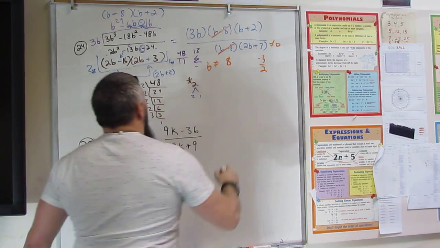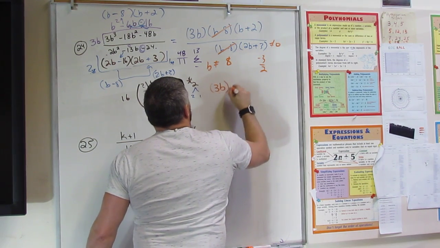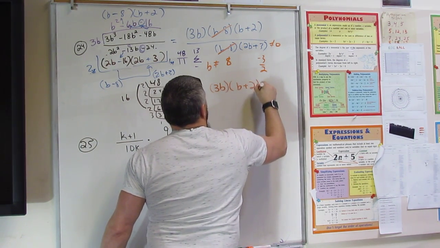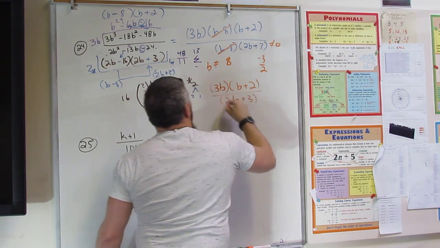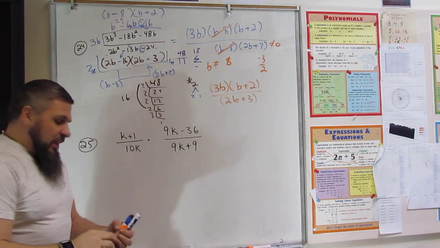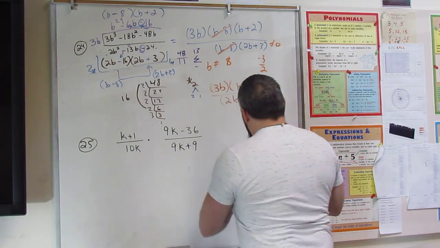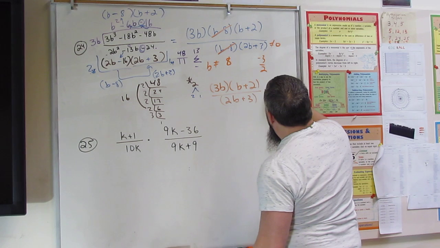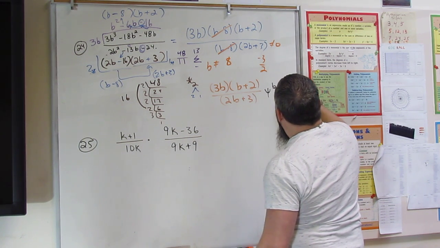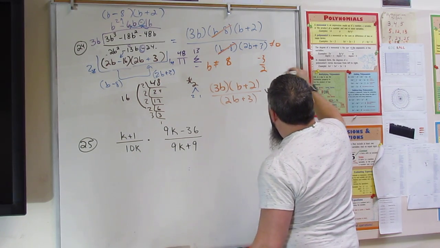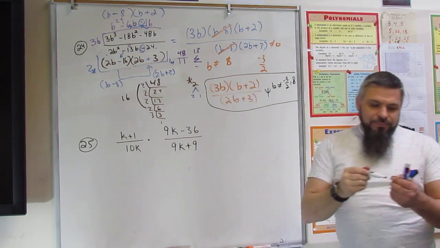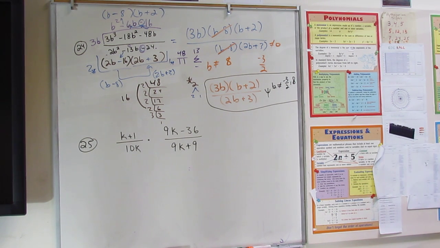So we'll rewrite it: 3b times b plus 2 over 2b plus 3, where b cannot be negative 3 halves and 8. Okay? How's that for some bubblicious?